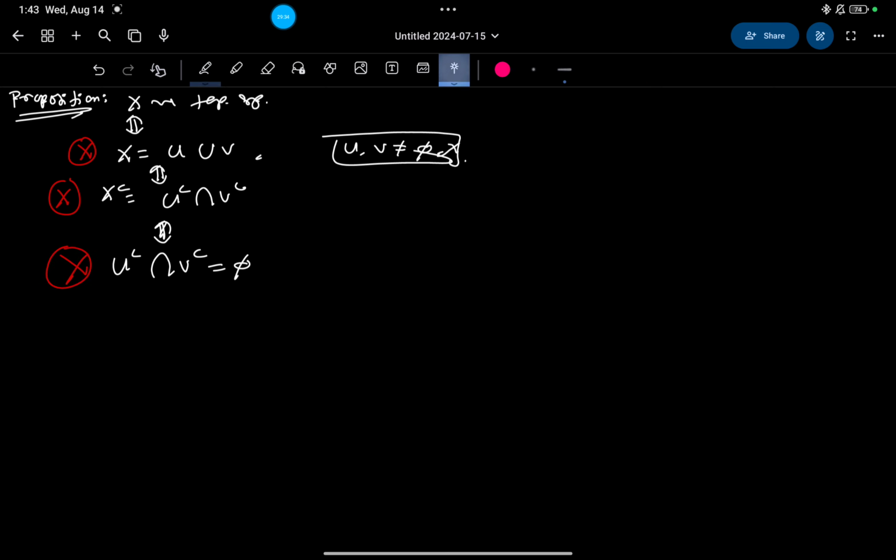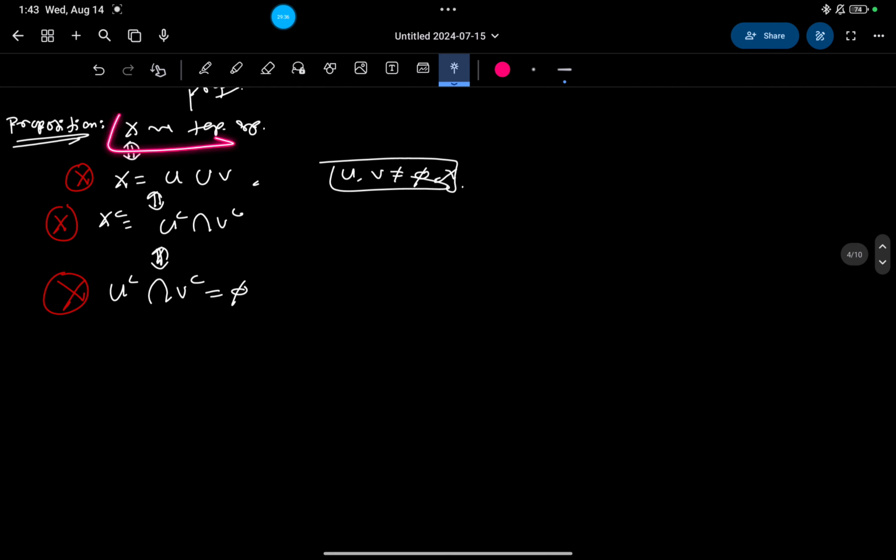So a topological space X is irreducible if and only if this is not possible. That means for any two open sets, say U1 and V1, their intersection should be non-empty.